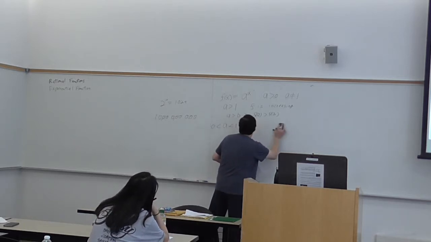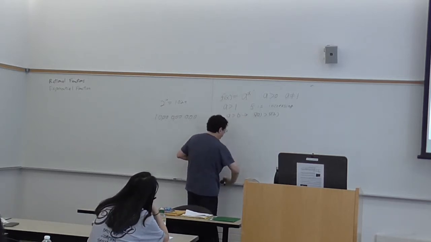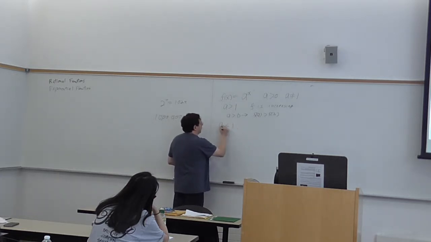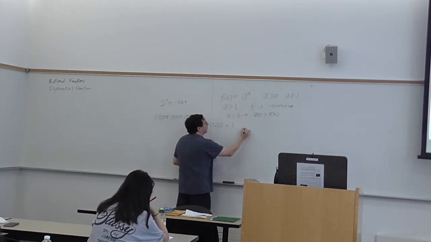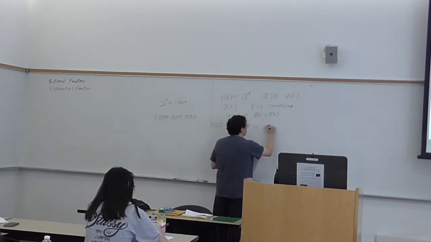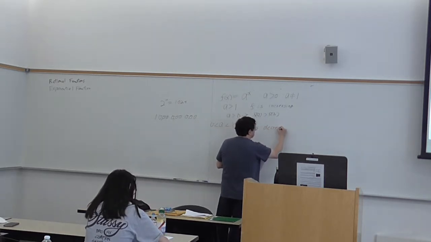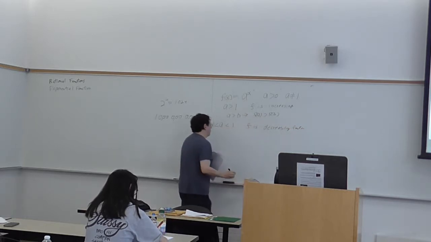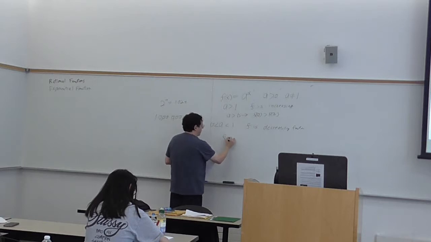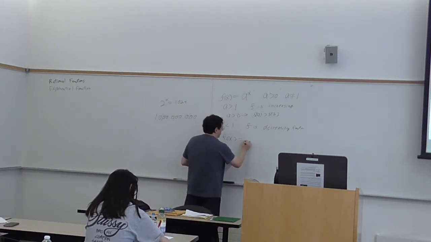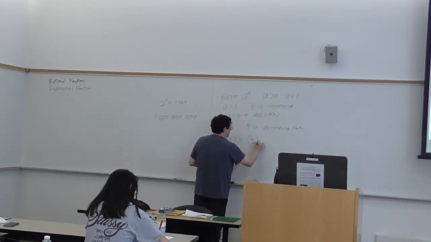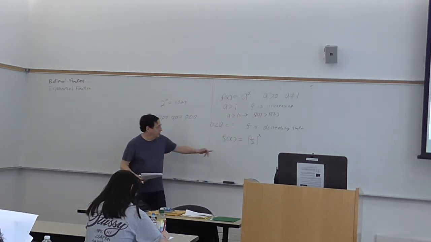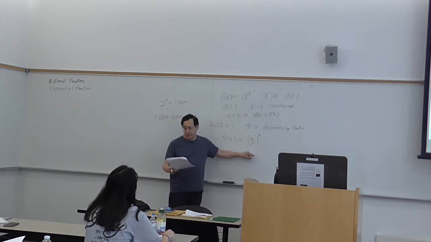I'm not where I want to be. That's okay. If A is between 1 and 0, then f is a decreasing function. So, for example, f of x equals 1/2 to the x, right? If I plug in a large x, my function gets very, very small.